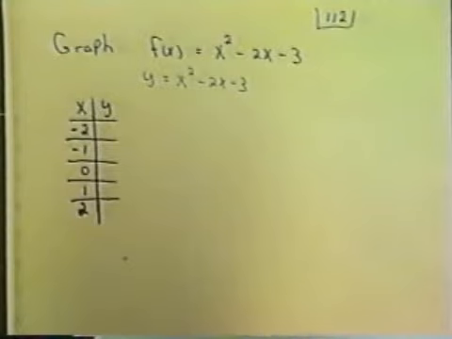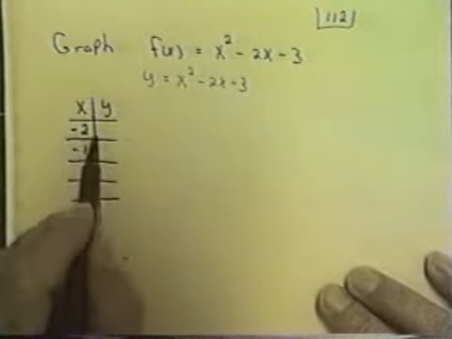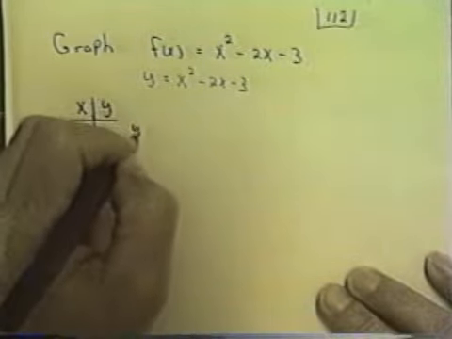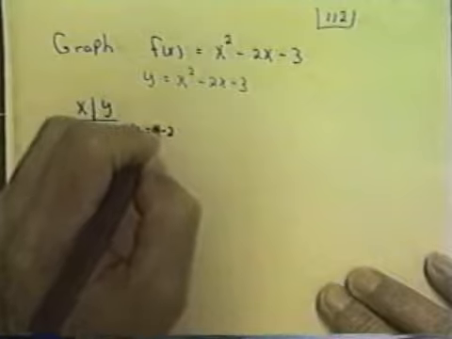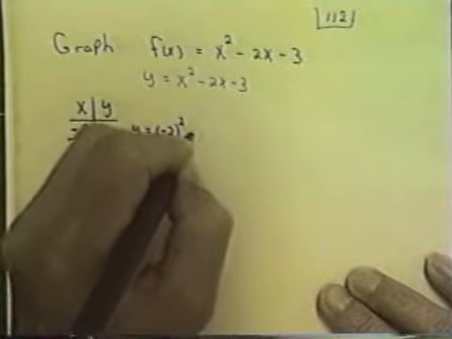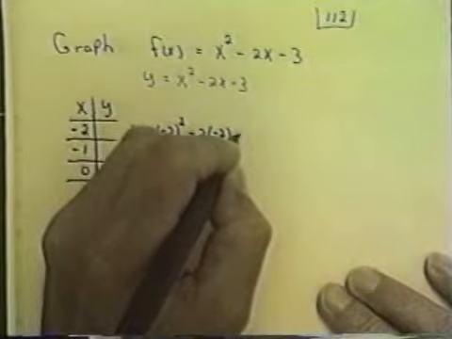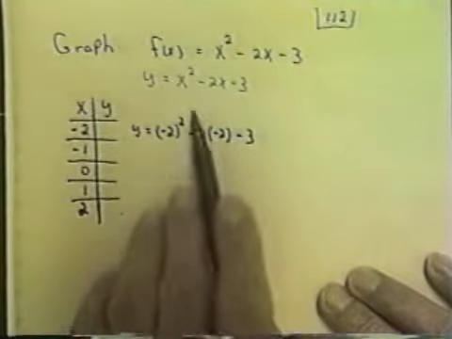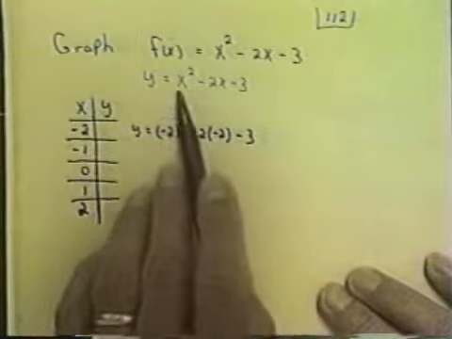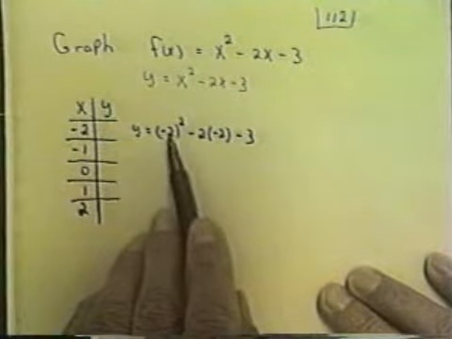Now when I'm graphing parabolas, I may need a lot more points. Now if x is -2, we would have y is equal to a -2 squared, subtract 2 times a -2, subtract 3. Notice I'm replacing x by -2. I have x squared, so I'm replacing x by -2.